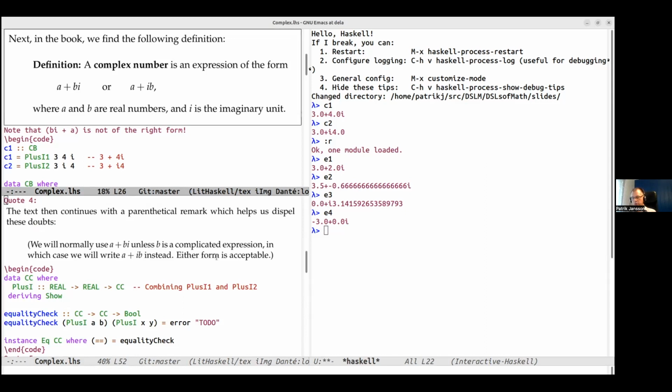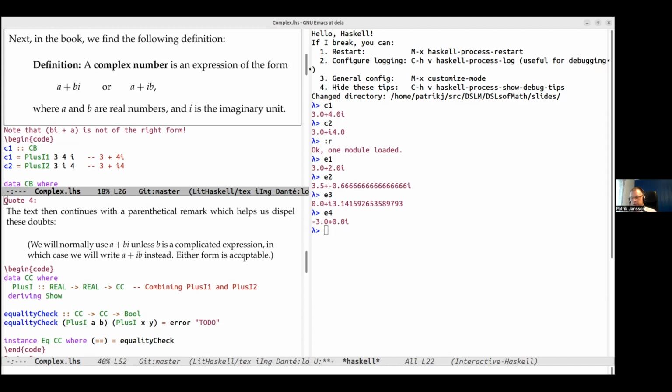So of course either form is acceptable. It would be silly to first say that both forms are acceptable and then say that either form is acceptable. So they actually mean something else. So what they actually mean here is that either form is equal to the same complex number. It's not only acceptable, they are equal.